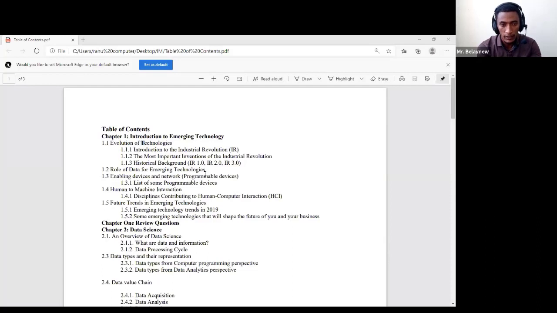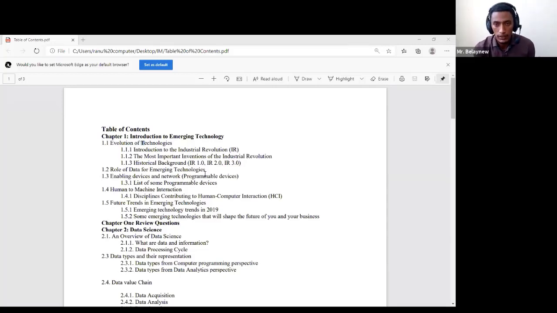So in general, a computer is what we call a programmable device. There are different programmable devices for different purposes. We will discuss this in chapter 1. Enabling devices and networks, or in general, programmable devices. Also, we will discuss a list of some programmable devices.